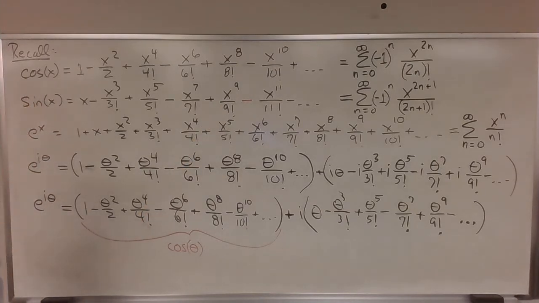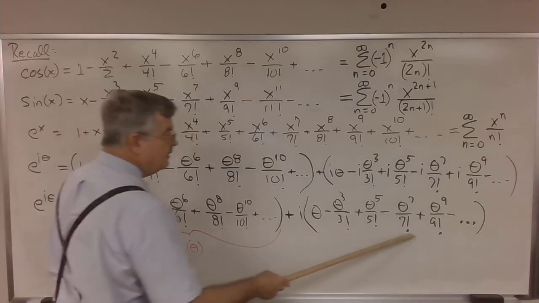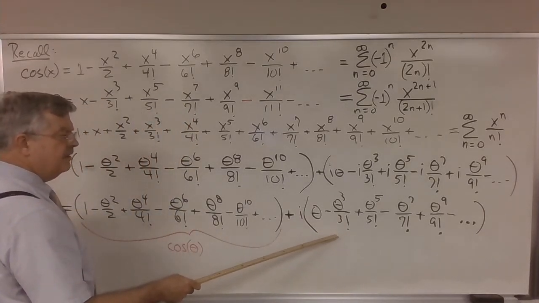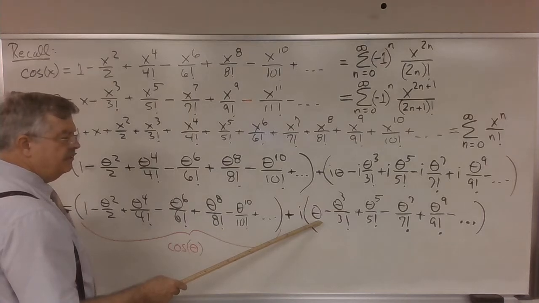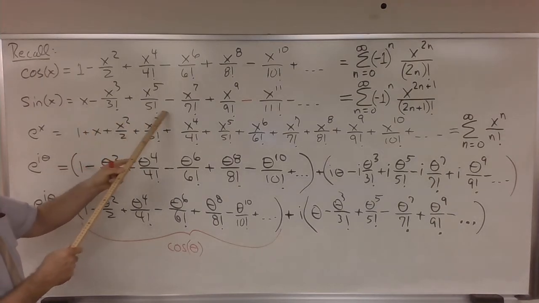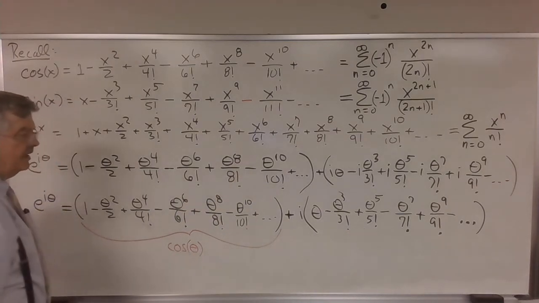Son of a gun. The only difference between what I have up here and what I have in the parentheses down here is that down here, theta is playing the role that x plays up here. Every place up here that we have an x, we see theta down here.